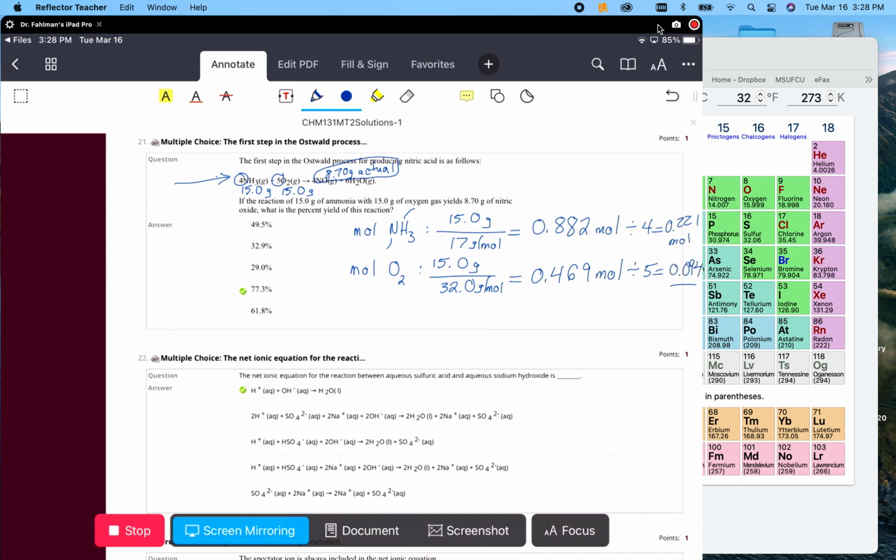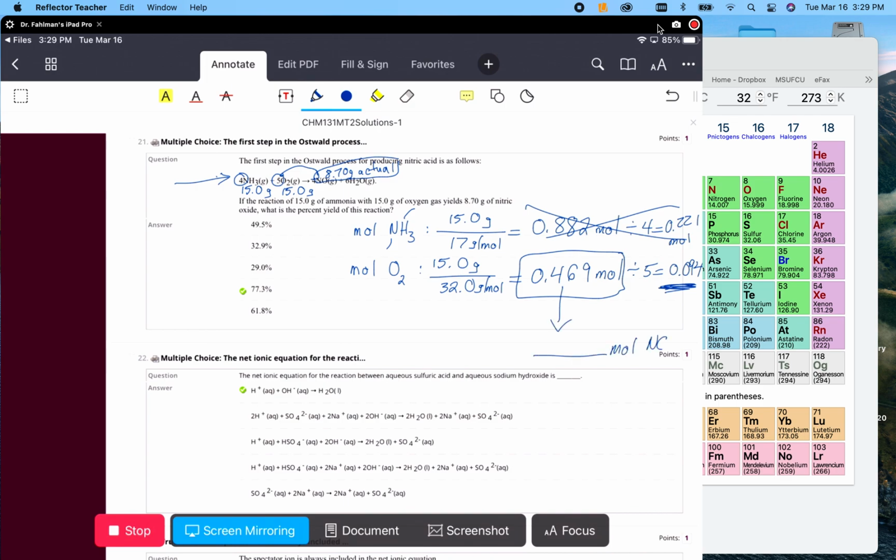Oxygen's smaller, so that means that's the limiting reagent. So we use this number of moles for oxygen to do the conversion to the product we're interested in.